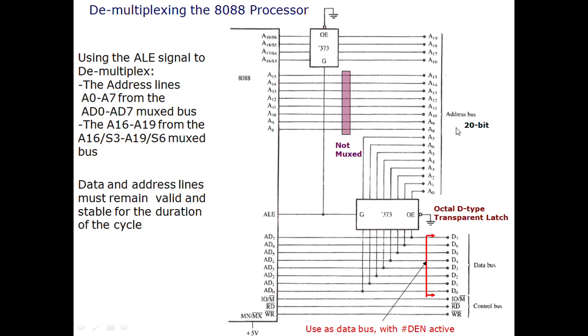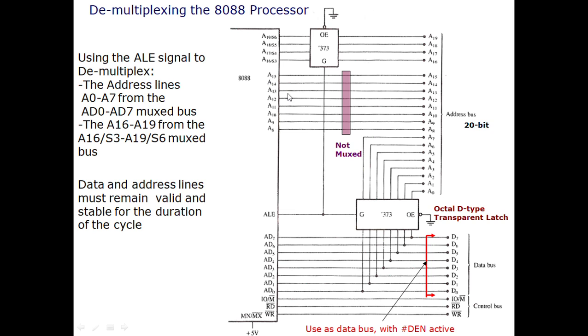So the address bus will get its 20-bit address. 8 would be directly taken from these 8 pins, while 8 would be taken from the 8 multiplexed pins, 4 will be taken from the 4 multiplexed pins, and a 20-bit address will be generated, and this is connected to the 20-bit address bus.